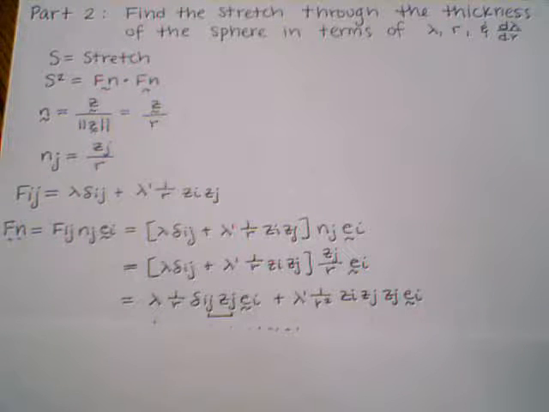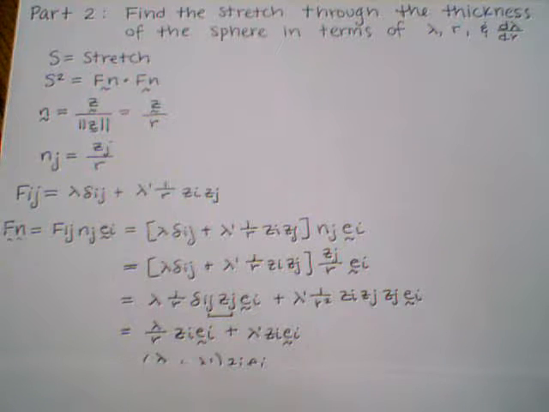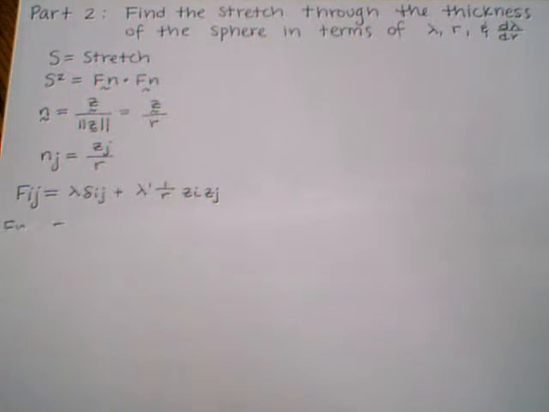And then multiplying that through, we get lambda 1 over r delta ij zj ei plus lambda prime 1 over r squared zi zj zj ei. And that simplifies to lambda over r zi ei, because delta ij multiplied by zj is equal to zi. And then we know also that zj zj is equal to r squared, so that part cancels out.